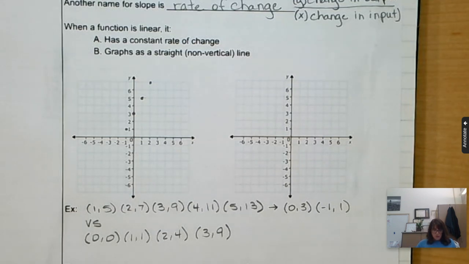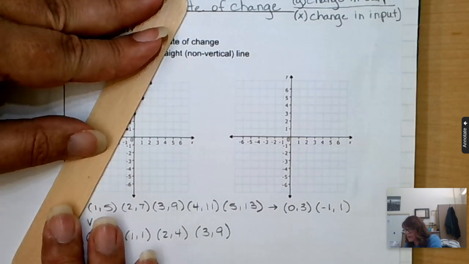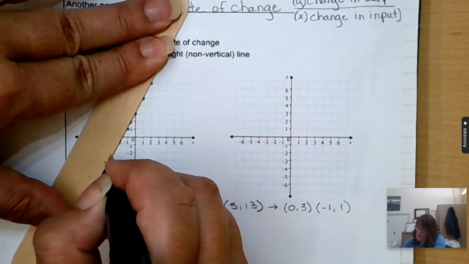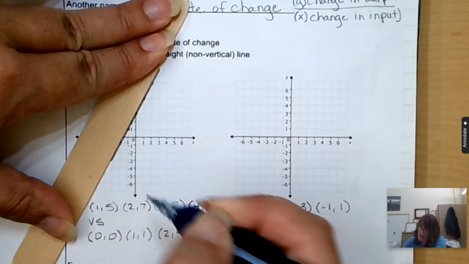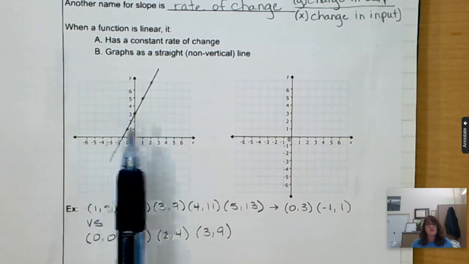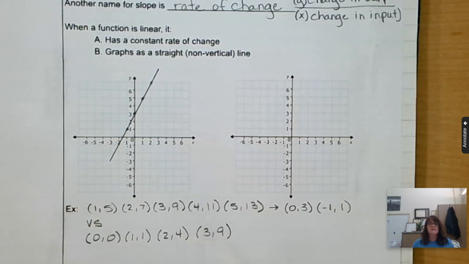Now, if I was to use a ruler or any kind of straight edge and make a line for this one, you will see that it is straight. Okay? It's going to pass the vertical line function challenge. It's straight, and it has a consistent slope, which is kind of the thing that holds it straight.